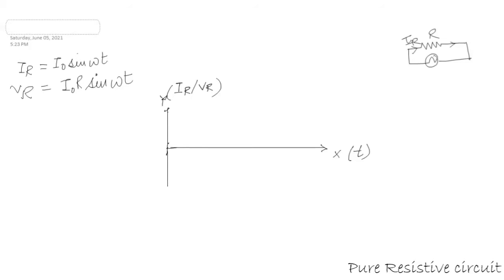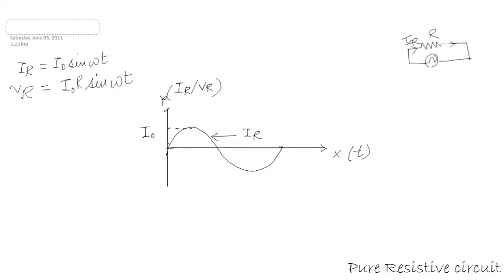IR is a function of sine theta, so it will look something like this. The maximum value of IR is I naught, from the graph of sine theta. Second is VR, equals I naught R into sine omega t.